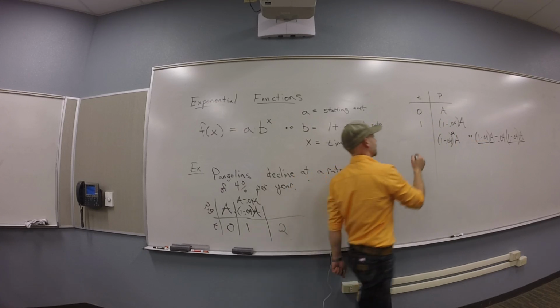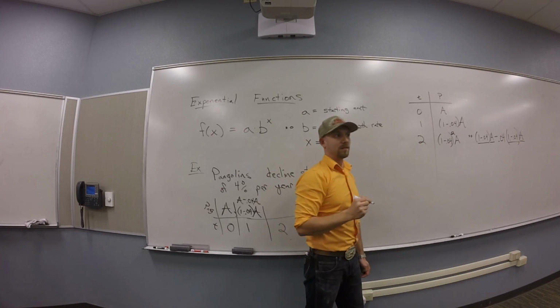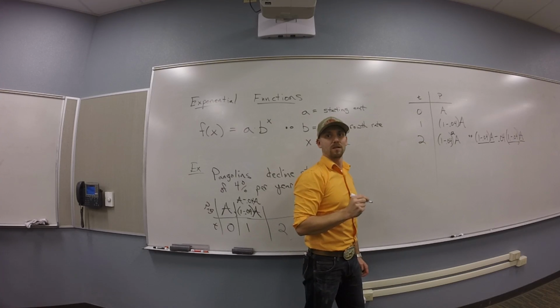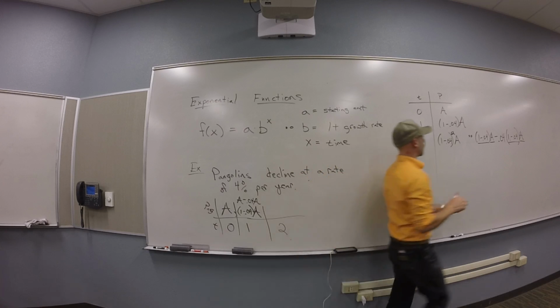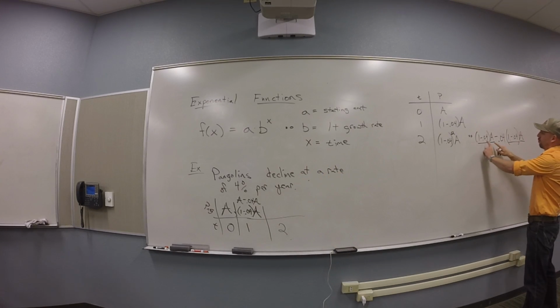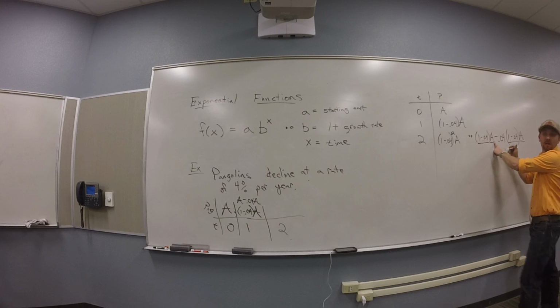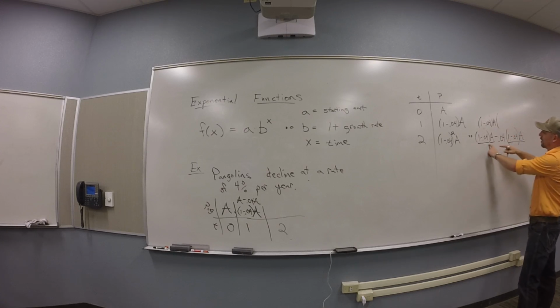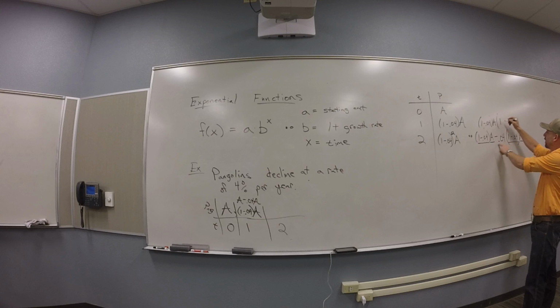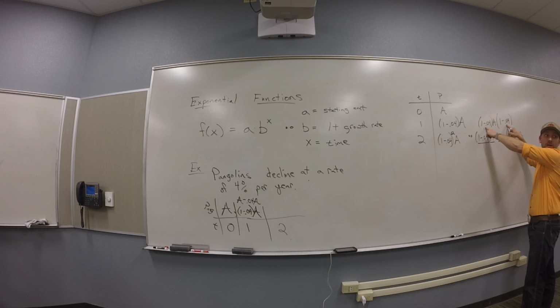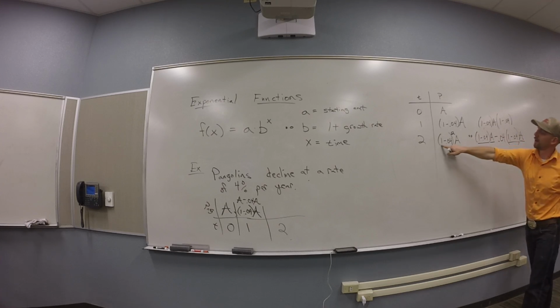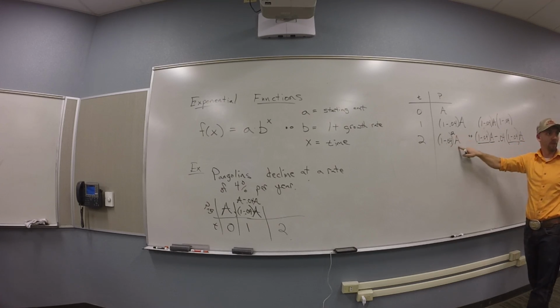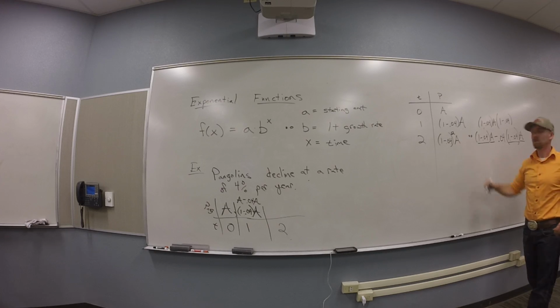That happened at time 2. So when I pull this 1 minus 0.04 A out, I've got 1 minus 0.04 A times 1 and a minus 0.04. So I have 2 of these multiplied together, times an A, so I can write that as 1 minus 0.04 squared times A.